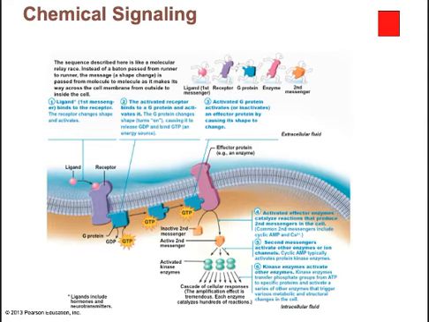The reason for such a complicated way of relaying signals is that when you generate what we call a signal cascade, what you're doing, in fact, is you're magnifying the signal at each step so that it's not a one-to-one correspondence here. For instance, let's use the laser pointer here, for every single receptor and ligand interaction that we see, multiple G proteins can be activated, which can activate multiple downstream membrane targets, which activate multiple, let's say, cyclic AMPs, which activate multiple downstream targets.